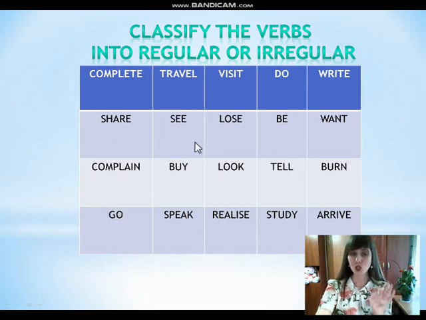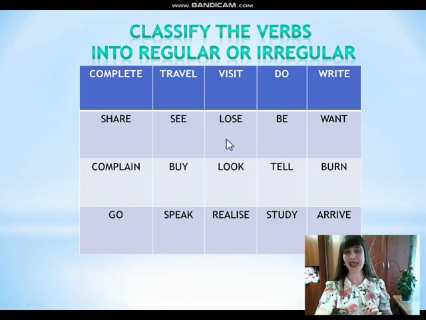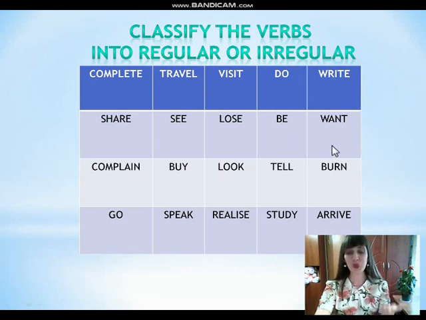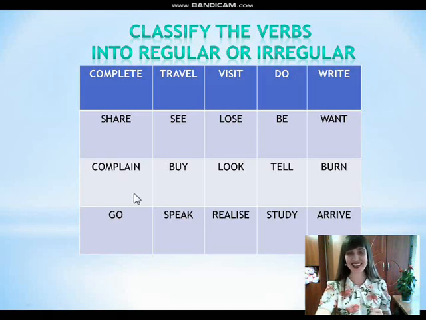See, saw. Okay, lose, help me, lost. You're right. Be, was, or were. Perfect. Want, wanted. Great. Complain. Think about the past simple for complain.